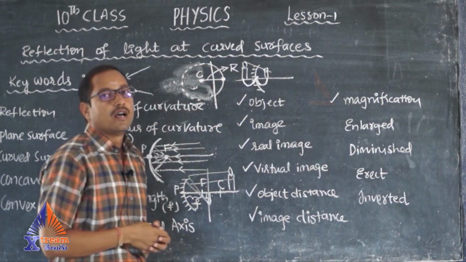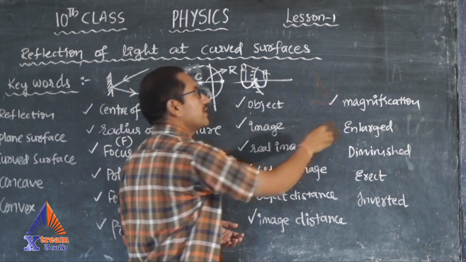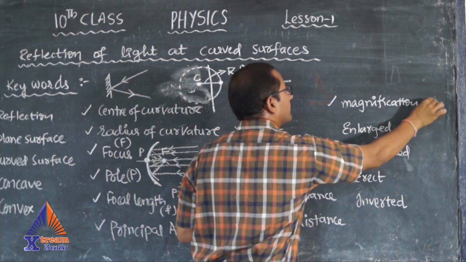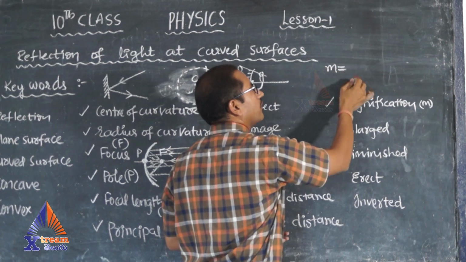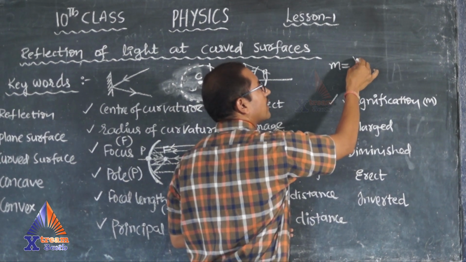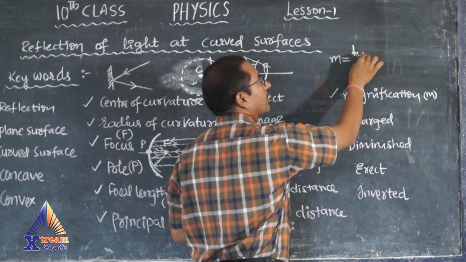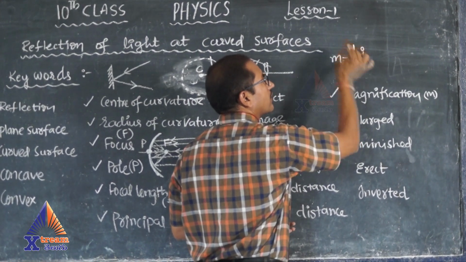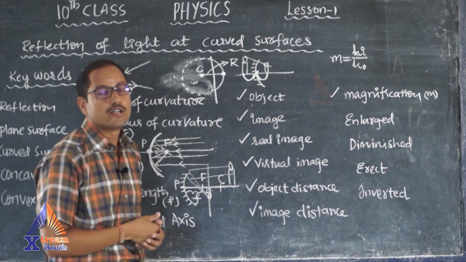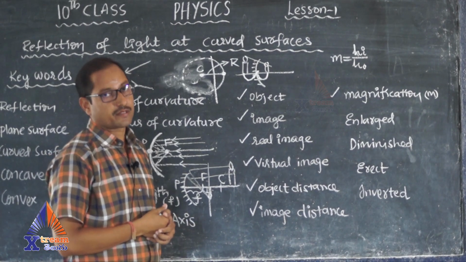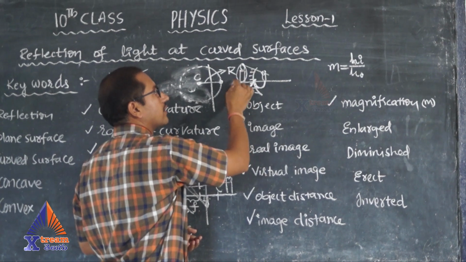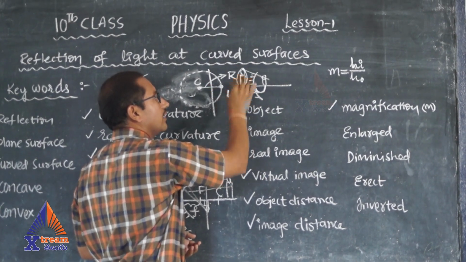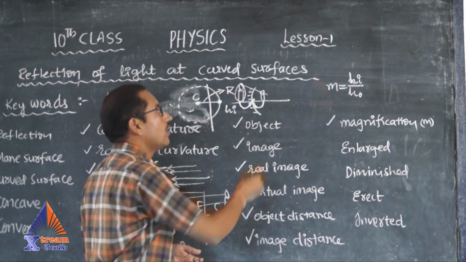Magnification. It is represented by M, and it is the ratio of the image height to the object height. Here image has got some height, that is called as hi, height of the image.